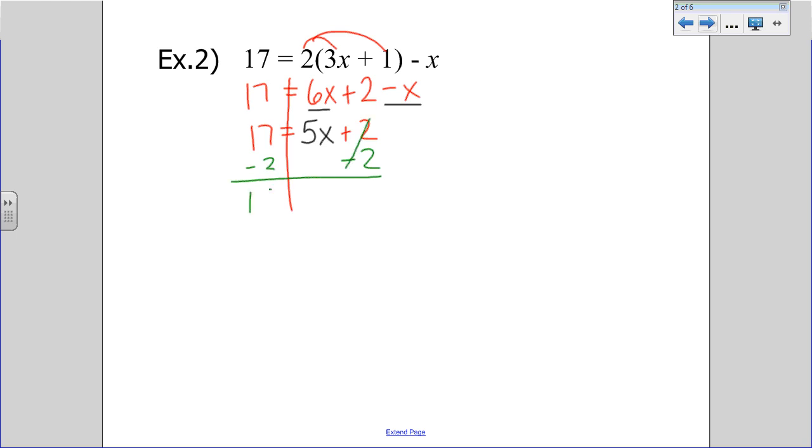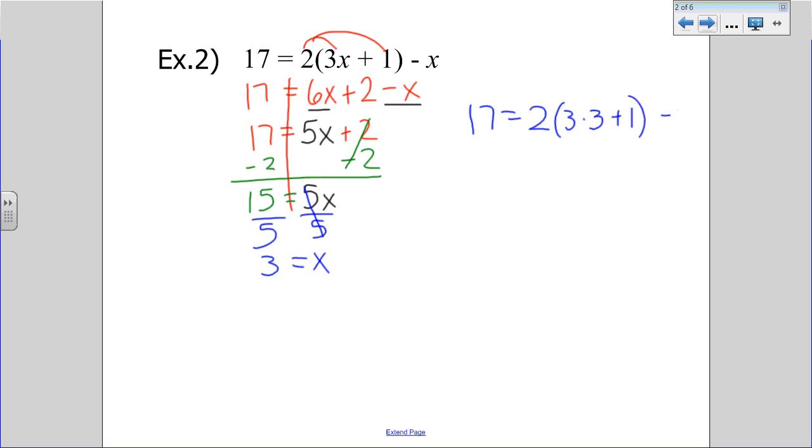So I get 15 is equal to, this is still just 5x. And then we undo that multiplication by dividing. And we get x is equal to 3. So what our check looks like there is 17 is equal to 2 times (3 times 3 plus 1) minus 3.